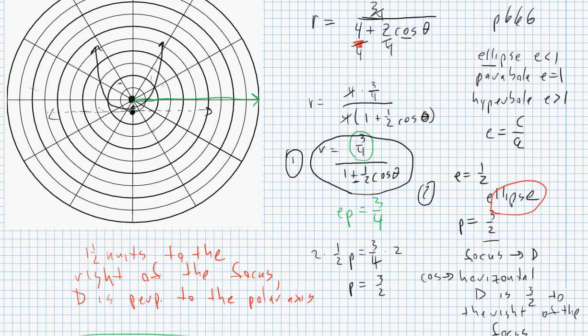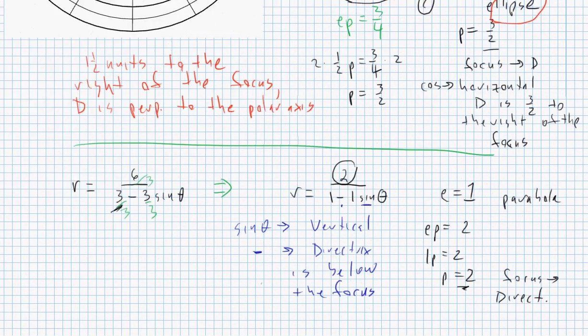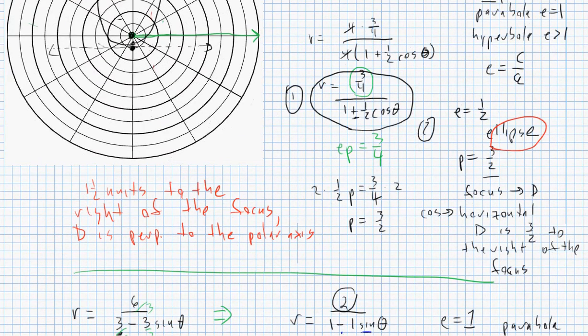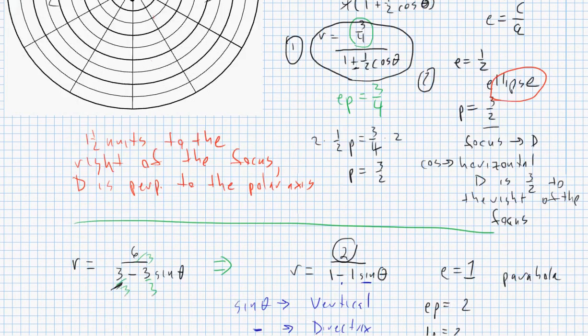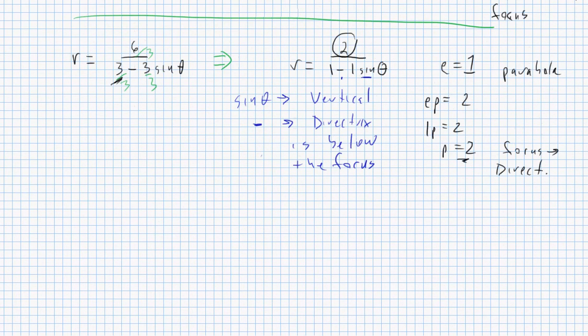Now let's go down here and summarize the information. You can see here is the polar distance of 1, the distance from the pole to the directrix. Let's make sure we summarize the information like we're supposed to. The first thing is we see it's a parabola, that's the kind of conic. We're supposed to describe the position of the directrix.